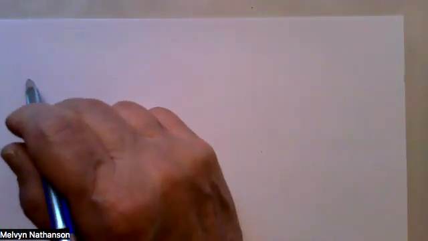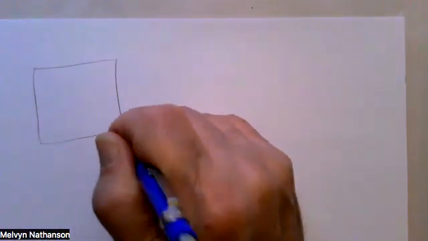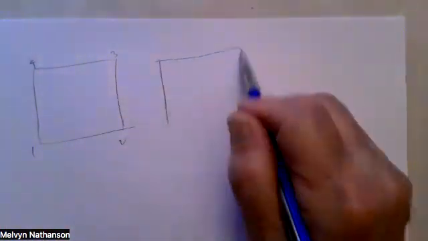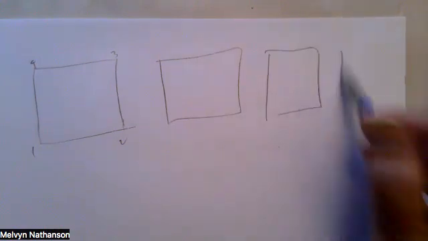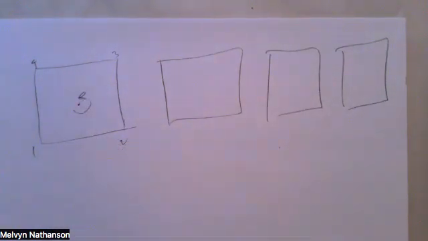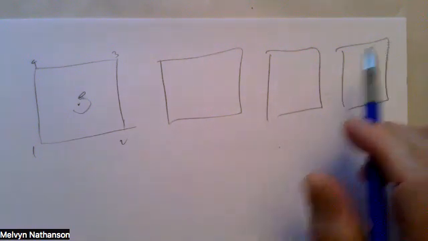But there's an alternative way to show we have a group, and that's to show that these rotations and reflections all correspond to symmetries of the square. So here we have a square, 1, 2, 3, 4. And what are the symmetries of the square? Well, they're all the rotations around the center by pi over 2.